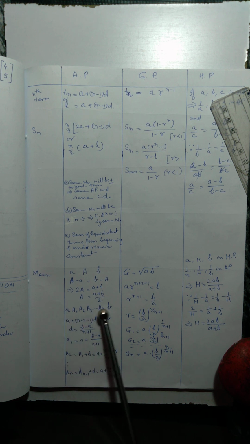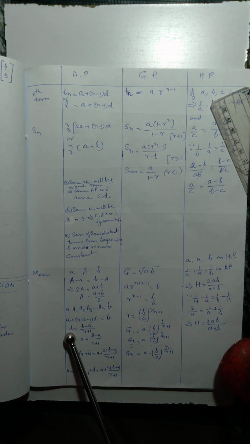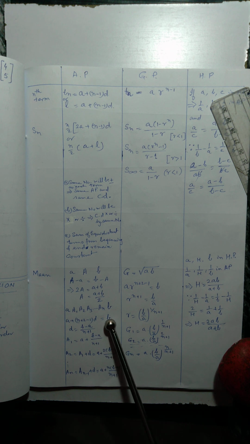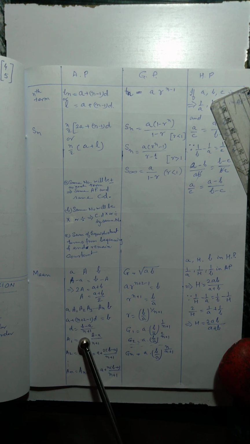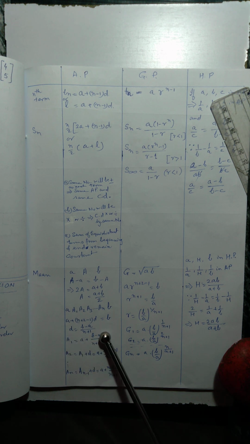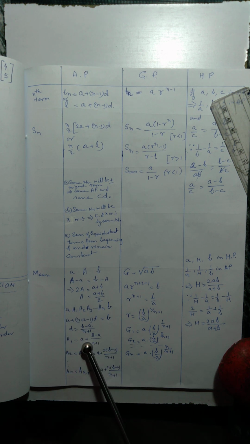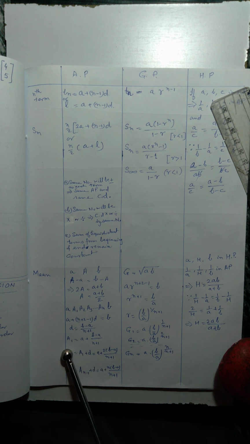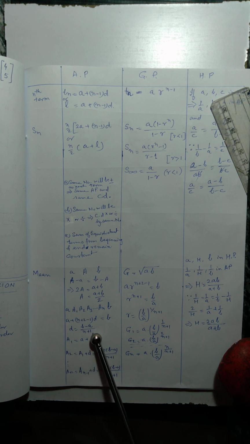Now including these two, that will be n plus 2 terms. So b will be equal to a plus (n plus 2 minus 1) into d. So d will be given as (b minus a) upon (n plus 1), the common difference. So A1, the first arithmetic mean, will be equal to a plus (b minus a) upon (n plus 1).